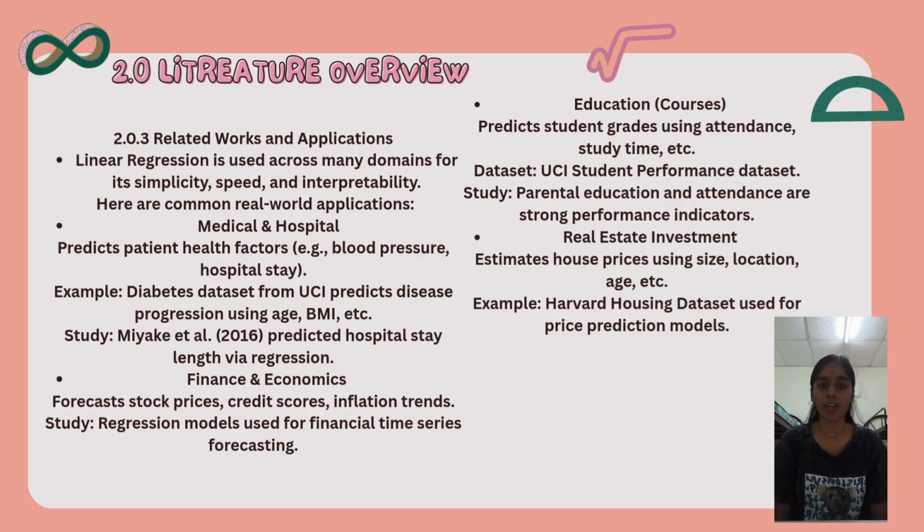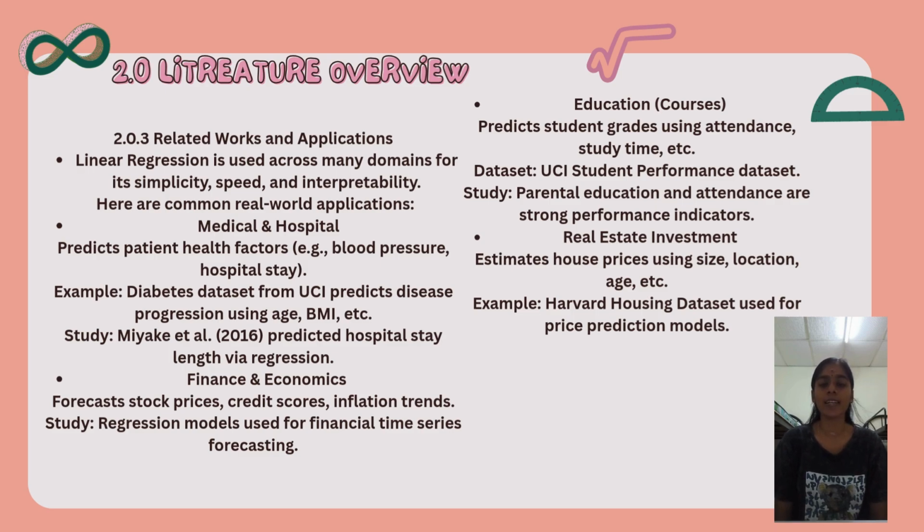In the finance and economic sector, regression is useful for forecasting stock prices, credit ratings, and market trends. Researchers found even simple regression models could make accurate financial predictions. In education, it is used to predict student performance based on variables like attendance and previous grades.